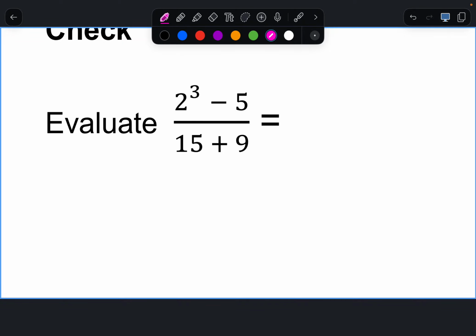Okay. Do you agree with this first step? Yeah. Okay, and so then was your second step 3 over 24? Yeah. Okay, 3 can't be divided by 24, but it is a fraction that is not simplified. Yes? 1 over 8. Okay, good.